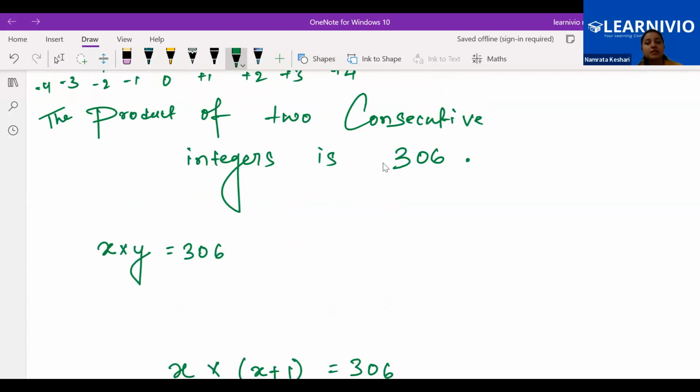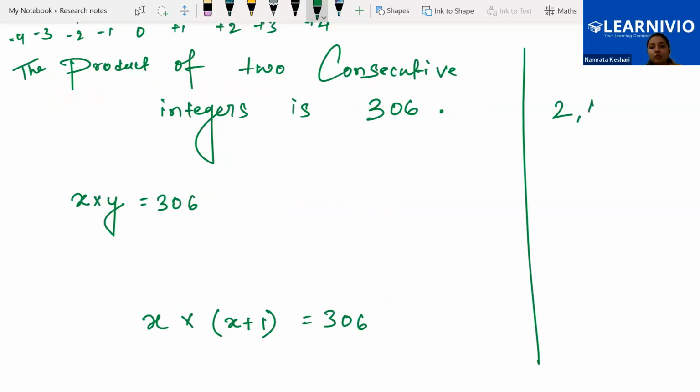If we have consecutive even numbers, then we see the gap between two even numbers. If you see the even numbers pattern 2, 4, 6, 8, 10, 12, 14, there is always a gap of 2, always a difference of 2.